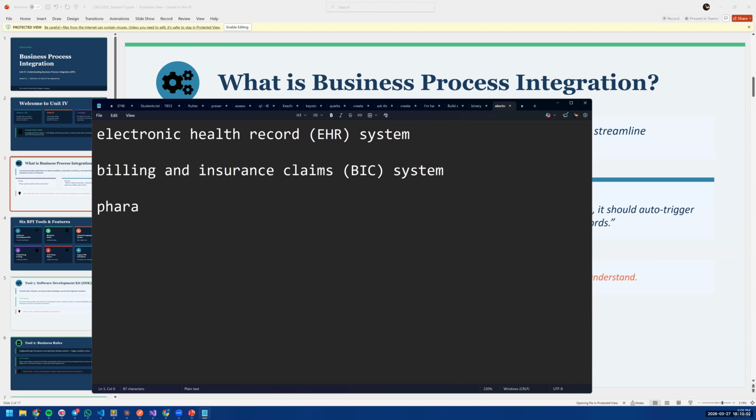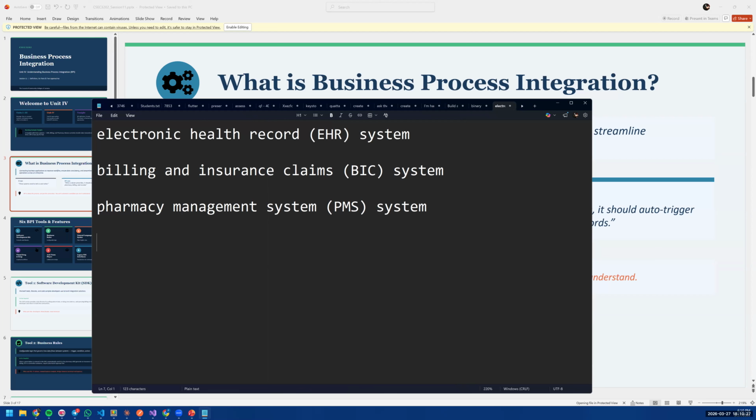I'm going to be explaining the significance of each one. Okay, so these are the three systems that we need to remember for our hospital.